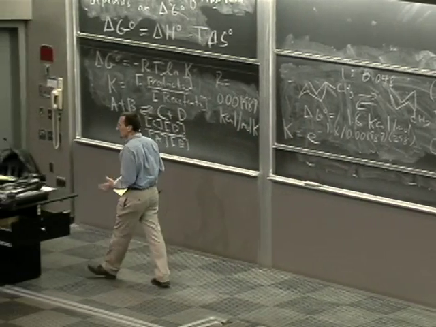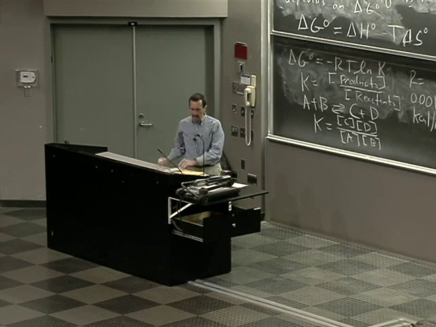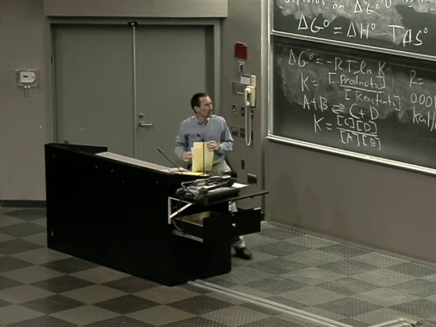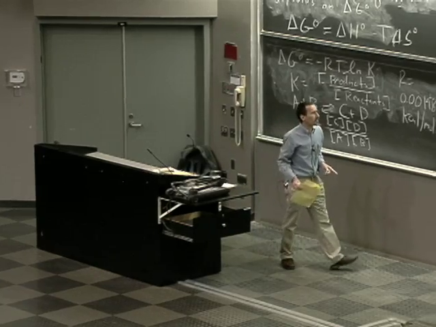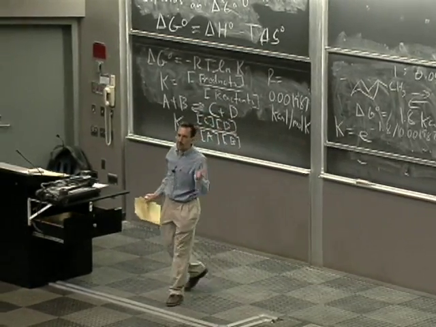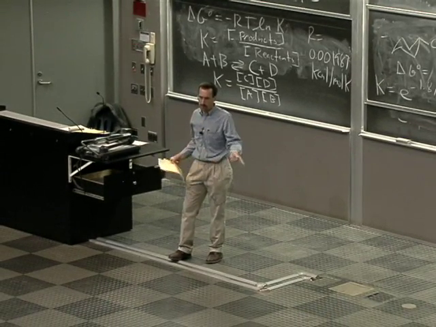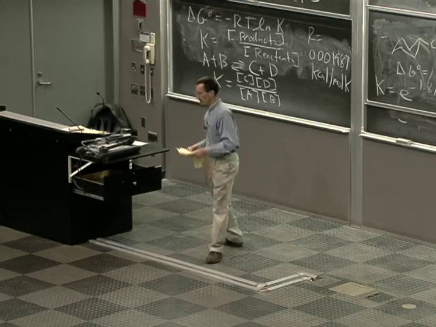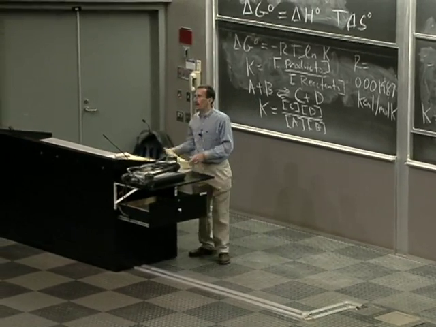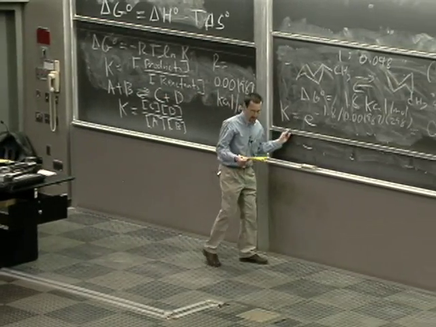In other words, methylcyclohexane has a dynamic equilibrium between the axial and the equatorial conformer, and at equilibrium you have just under 5% of the molecules in the axial conformation, and about 95% in the equatorial conformation.